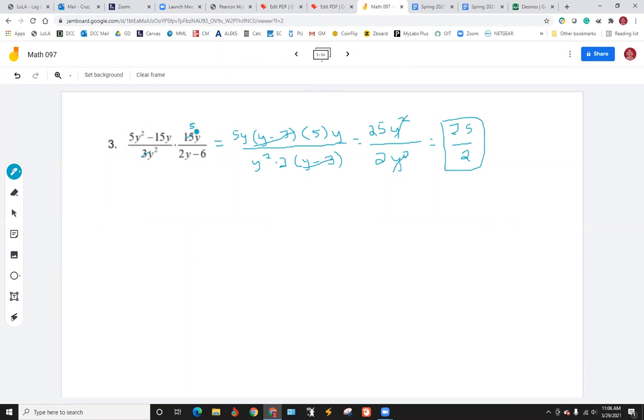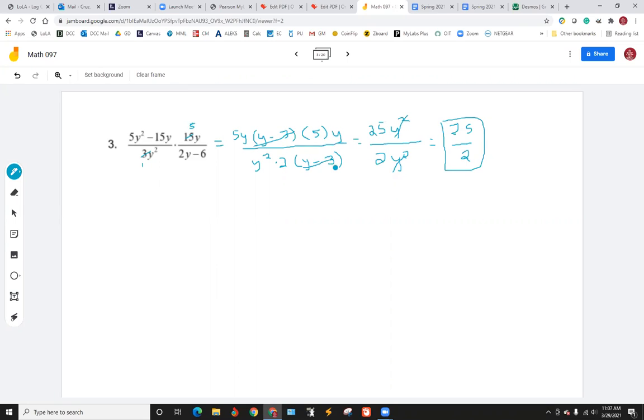So, as I said, take advantage of things going across like that. So 3 goes into 15 5 times, so that's the 1 down there. And then all you got left is 5y here. So what I did is I put it up front. And then this one right here factors as, oh, I'm sorry, no, I didn't put it up front. This is the greatest common factor on this side. It's 5y times y minus 3. And then this is the 5y that's there.